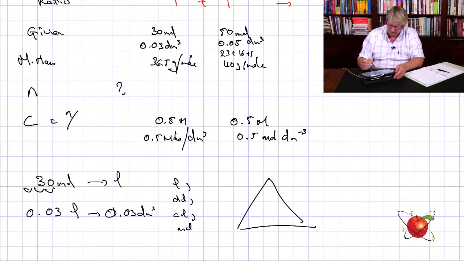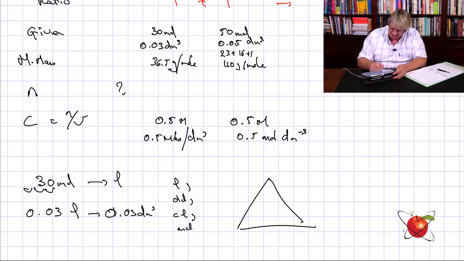What have we done? We've now said, okay, 30 mL or 0.03 decimeters cubed of this are added. How many moles is that going to be then? Well, concentration is n over V. Concentration is 0.5 moles per cubic decimeter, and we've added so many decimeters. So how many moles have we added?